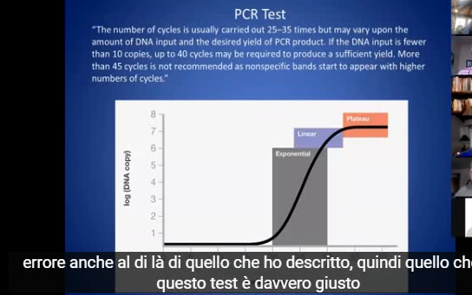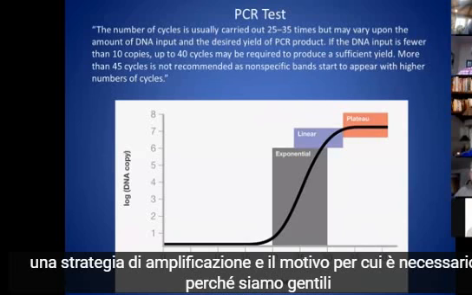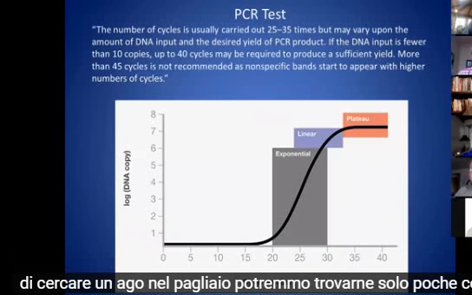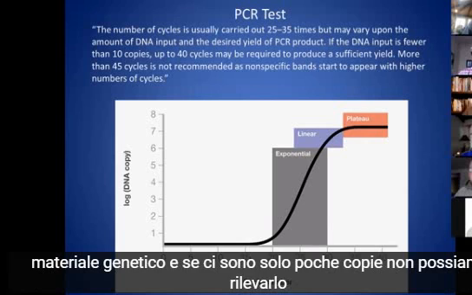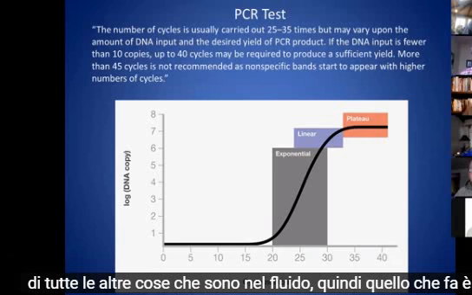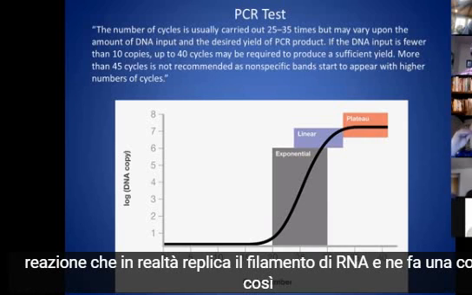So just to talk generally about what the PCR test does, because there's actually additional error even beyond what I've described. What this test does is it's really just an amplification strategy. And the reason this is necessary is because we're kind of looking for a needle in a haystack. We might only find a few copies of this genetic material. And if there's only a few copies, we just can't detect it out of all of the other stuff in the fluid.